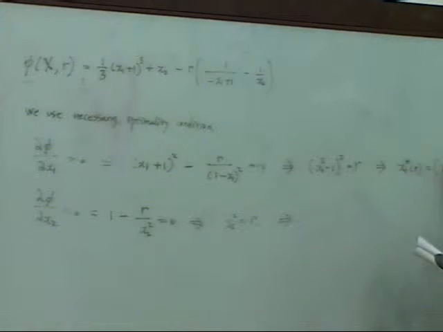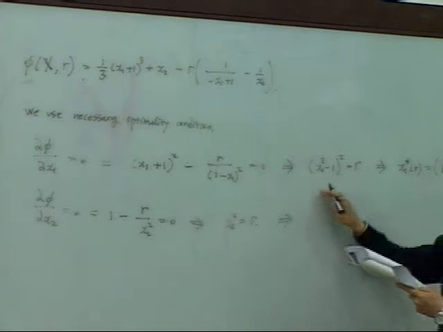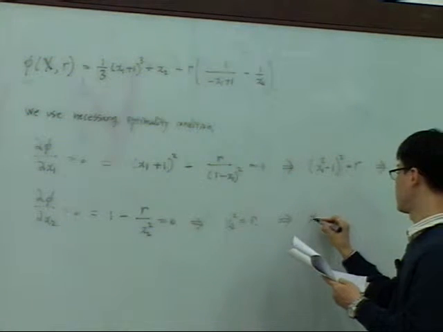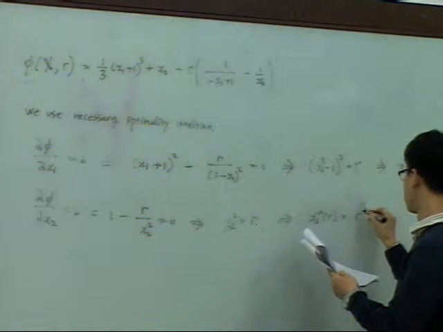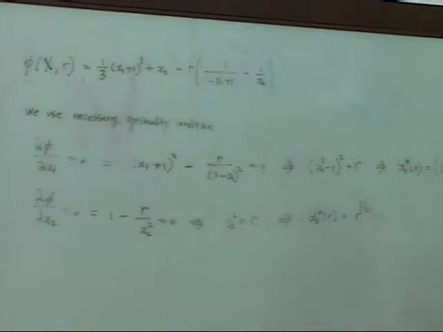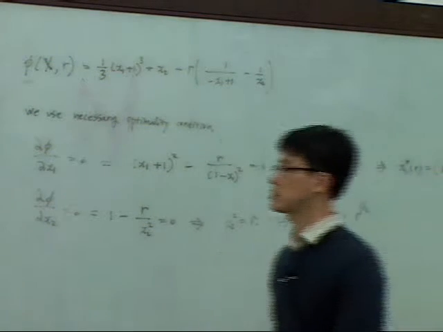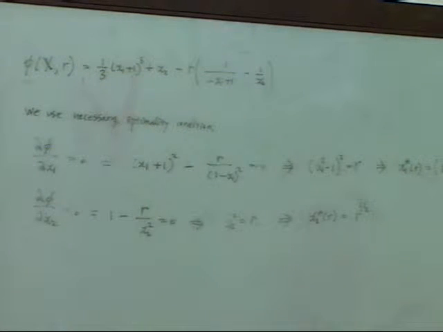This is... and the second equation, x2 star as a function of R, is... Did I mention that this R should be a positive number? R should always be a positive number to make this function work.